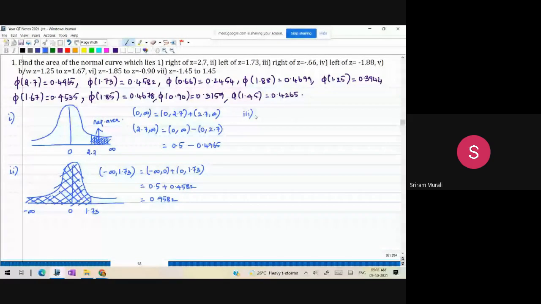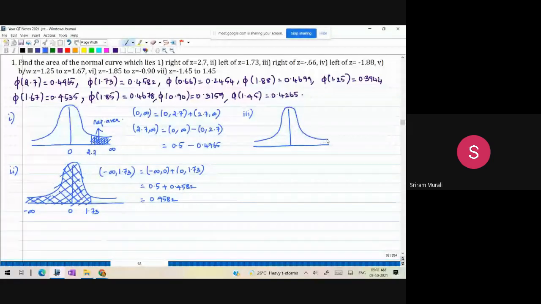Subdivision 3: right hand side of minus 0.66. Minus 0.66 means it will come here. Right hand side means this is the required area.